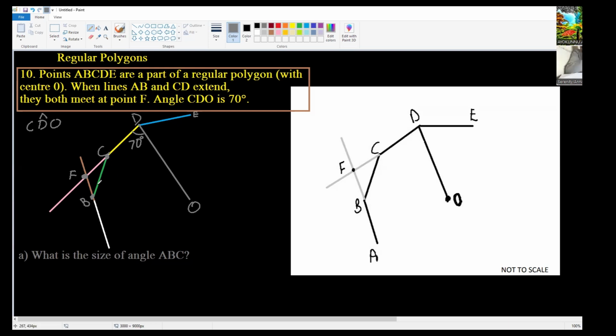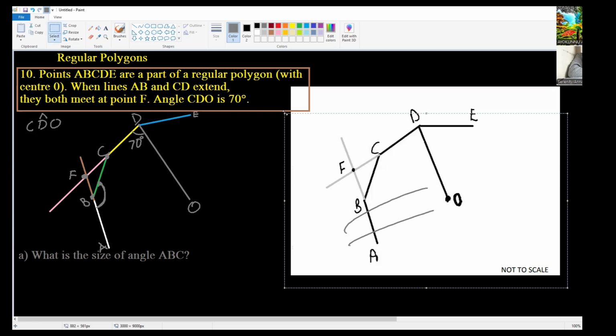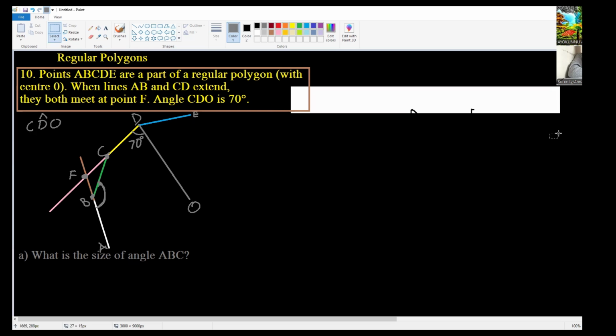Now, so what is the size of ABC? For us to find the size of ABC means we're looking for the angle at B, okay? And this is the point A, ABC, according to this diagram. So right now I can remove the diagram so we can have enough space to work.